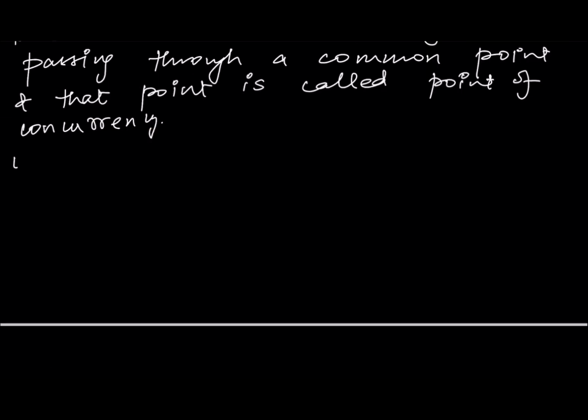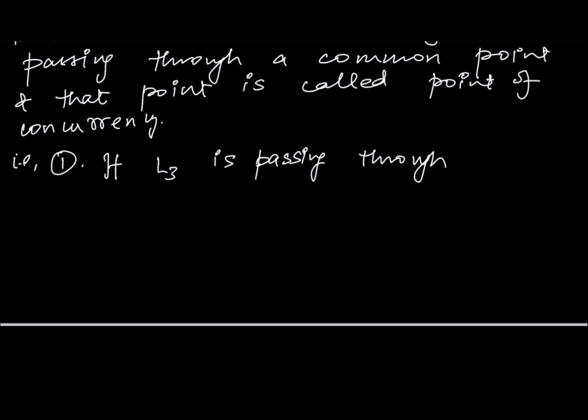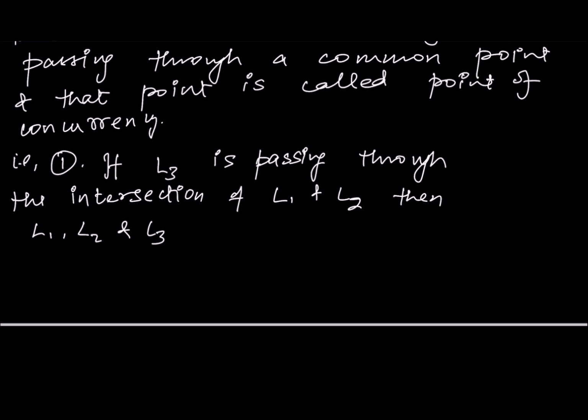That is what I am saying. Point number 1: if L3 is passing through the intersection of L1 and L2, then L1, L2 and L3 are concurrent lines.